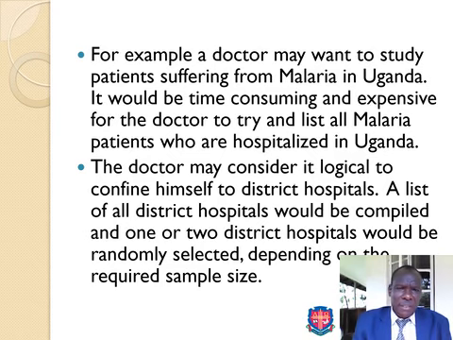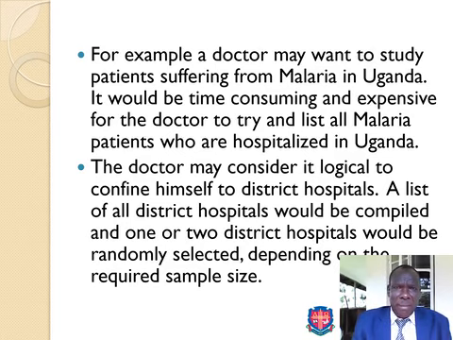That's difficult. If you wanted to find people affected by malaria in Asia, that would be an even more daunting task. You cannot list all the patients suffering from malaria in Asia, and even in Uganda it is too big.